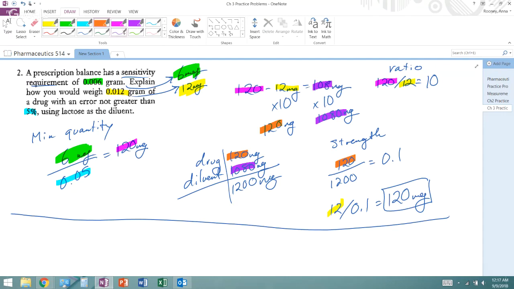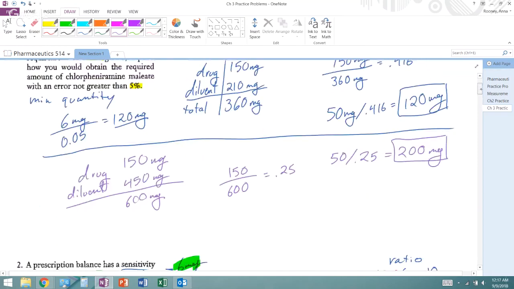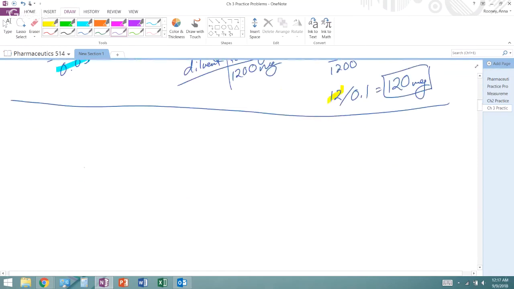So let's see what the book does. What color was I using earlier? Oh, purple. So the book, they do drug, they also do 120, but they dilute it, diluent, they mix in 1380. So they have a lot more, almost 200 more. I mean, it's not a lot, but it's a lot.